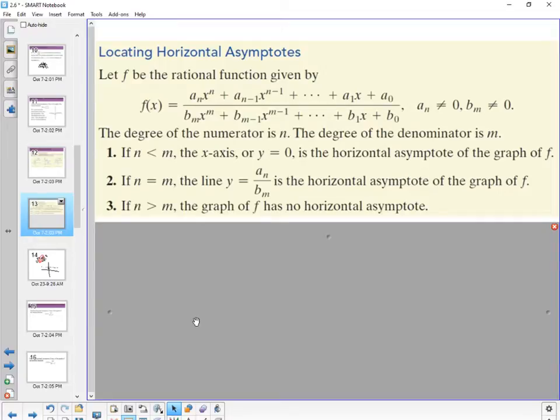So, do you guys have this rule? If the numerator degree is higher than the denominator one, you will have no horizontal asymptotes. But you might have oblique asymptotes or those slant asymptotes. Okay? So don't think they dropped the hook at that point.